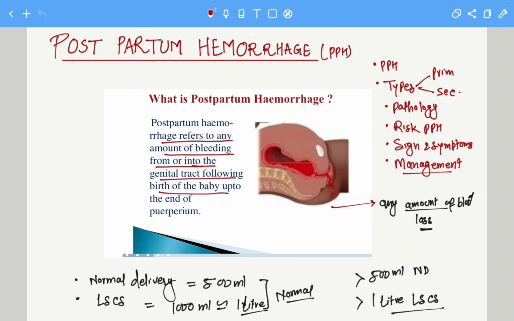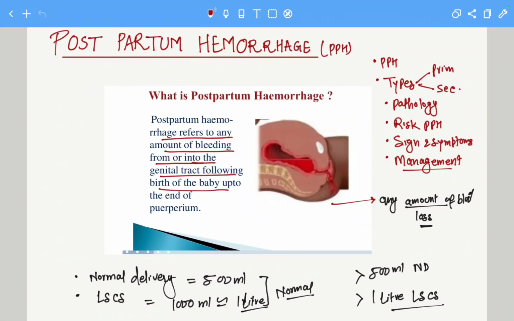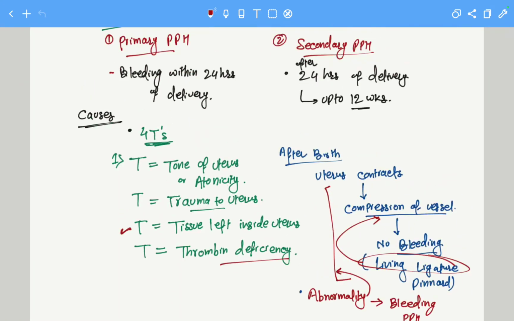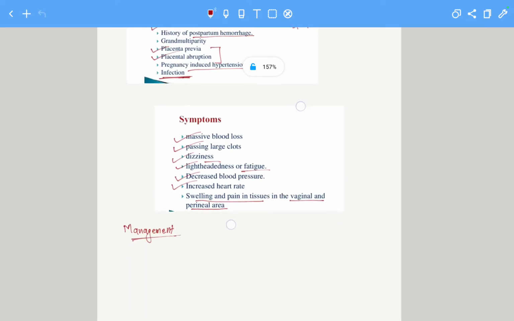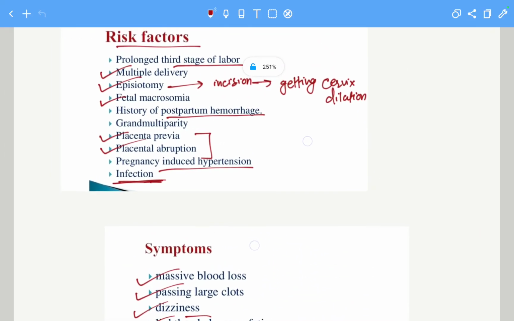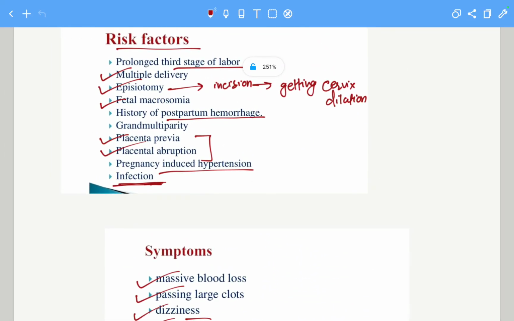Okay, then we had discussed about the risk factor. What are the risk factors? You can remember from here, right? If there is prolonged third stage of labor, if it is the case of multiple delivery, if there is episiotomy given during the delivery, fetal macrosomia, placenta previa, placenta abruption, and if there is pregnancy induced hypertension or any infection, all these are the risk factors.